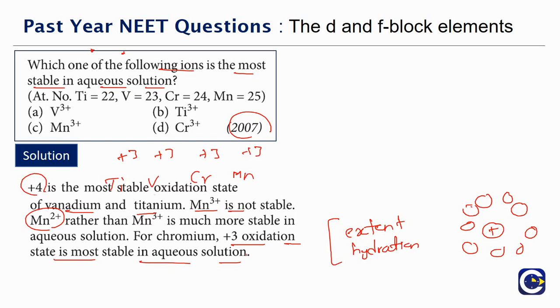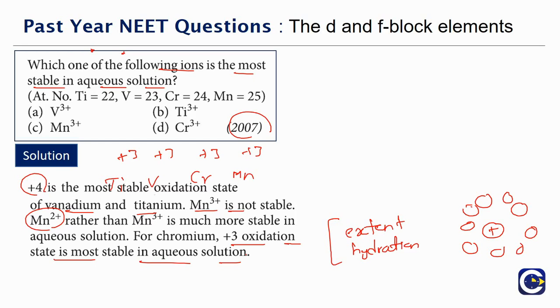So if you look at vanadium or titanium, while they can form the +3 state, the more stable oxidation state in aqueous solution will be +4. For manganese, it is going to be +2 and not +3. Manganese as such can show 6 oxidation states.